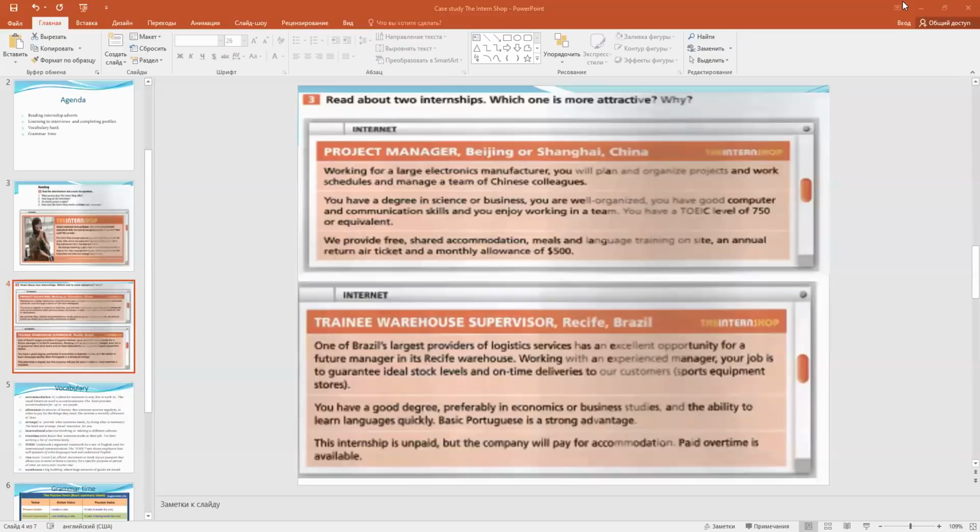So your option is the first one or the second one? Which option do you prefer? The first one, okay. What are the requirements for the first one?